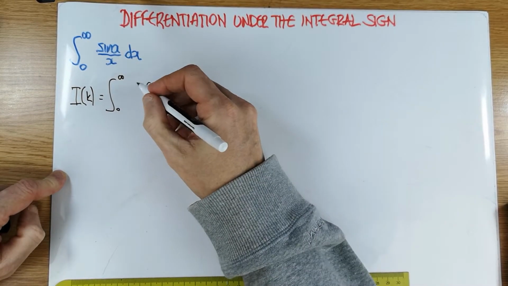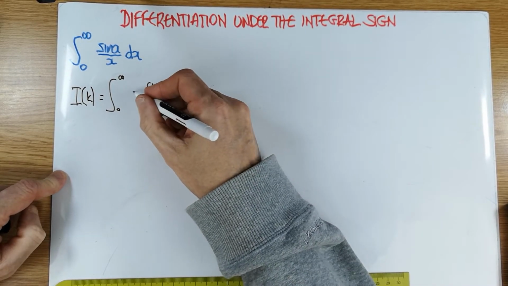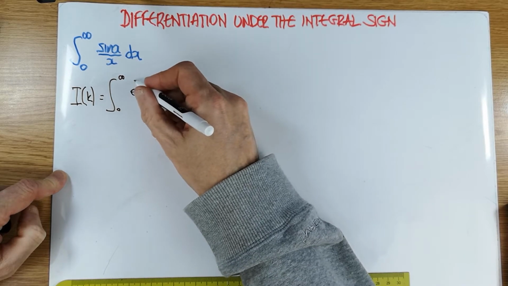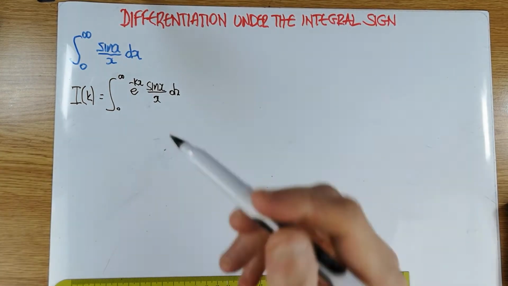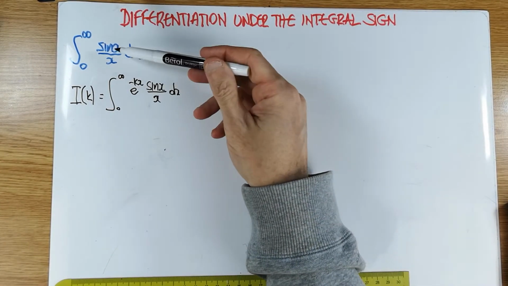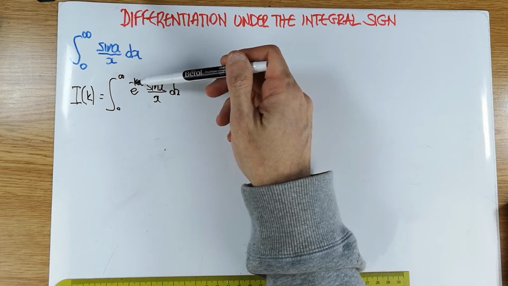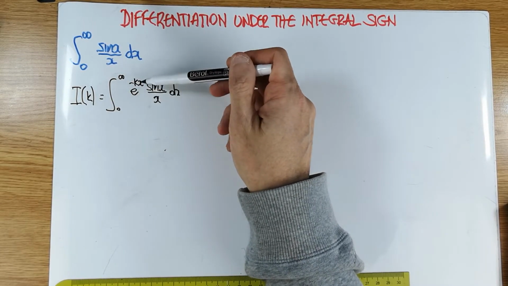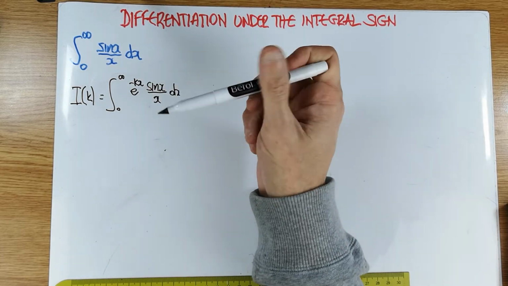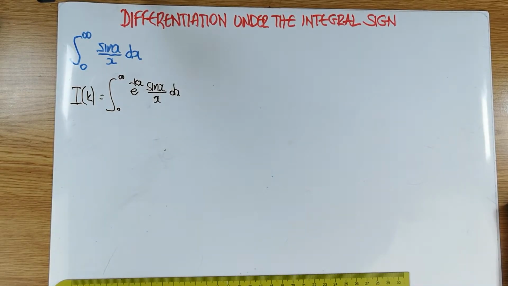And now we need a reducing factor. And this reducing factor is e to the minus kx. Now, let us note that we will get our integral if we put k equal to 0. But this will allow the resulting integral to converge when we do the differentiation. So we continue.